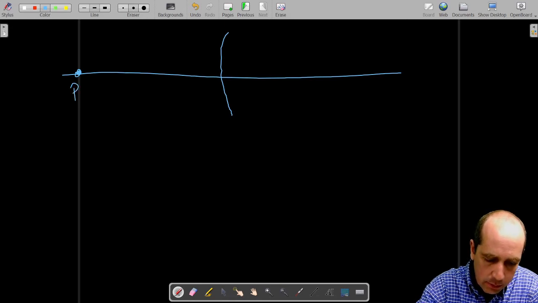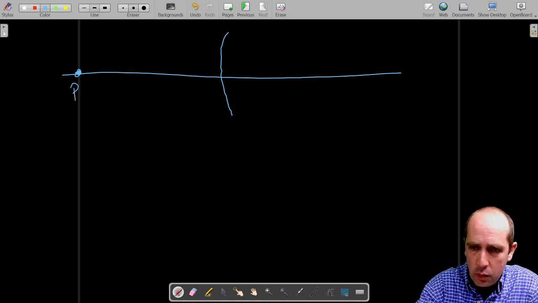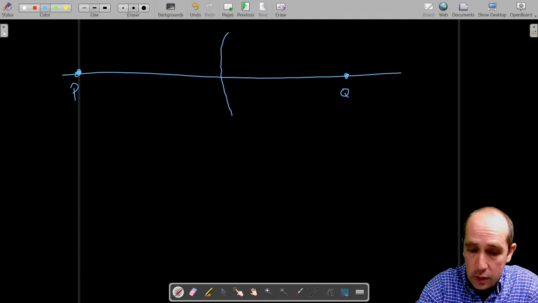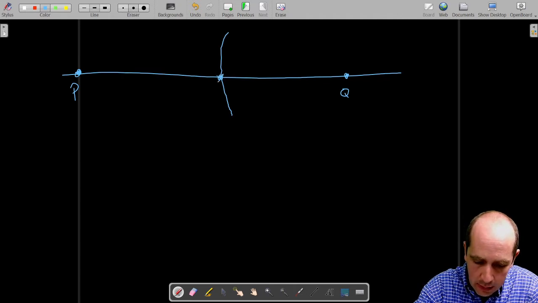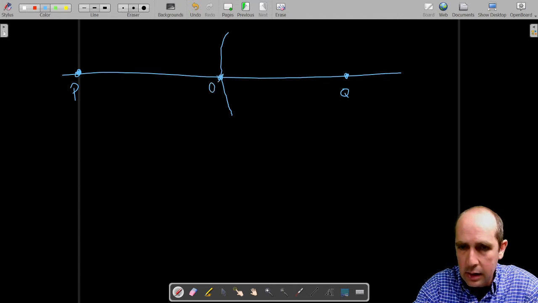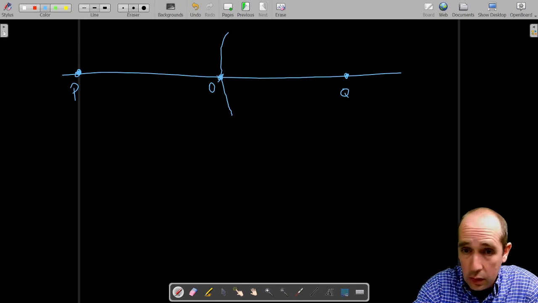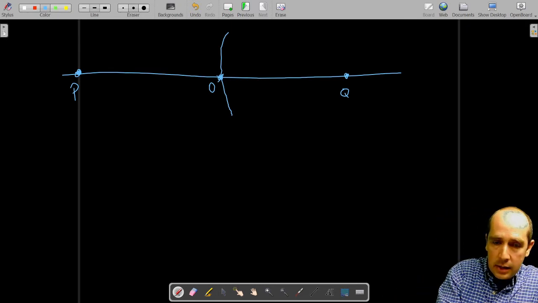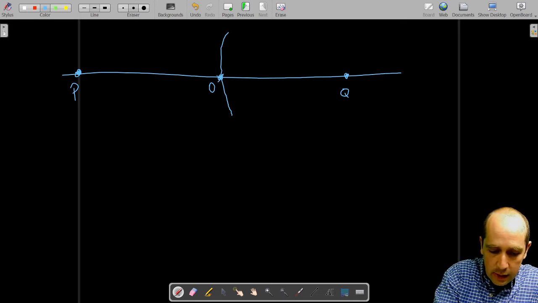So let's call that P. We will basically be using the same names that we used before. So let's place the image over here and call that point Q. We will also place the center, which we will call O, and now we have to follow these rays.